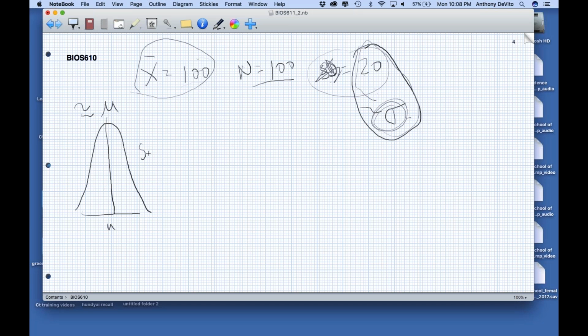The standard error is equal to the standard deviation, which we say we know, over the square root of the sample size, which is equal to 20 over the square root of 100, which is 10, which is equal to 2.